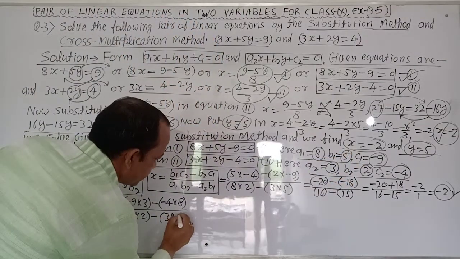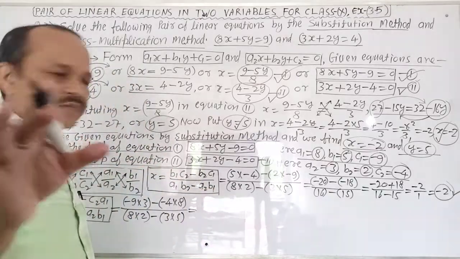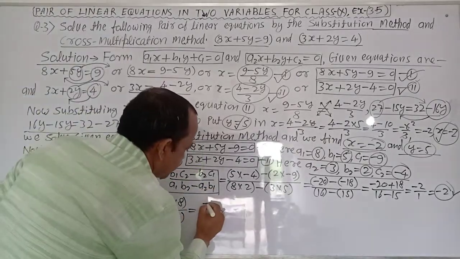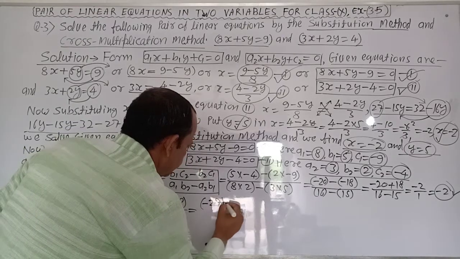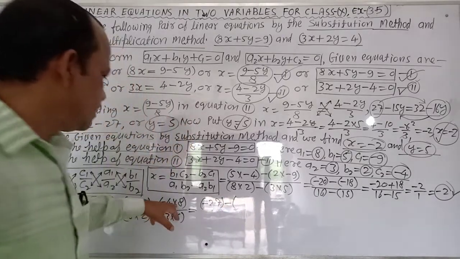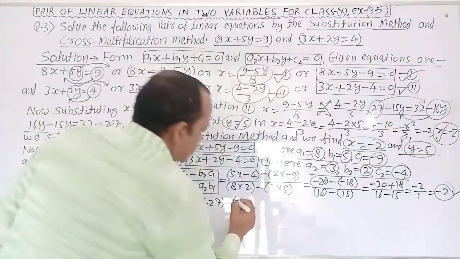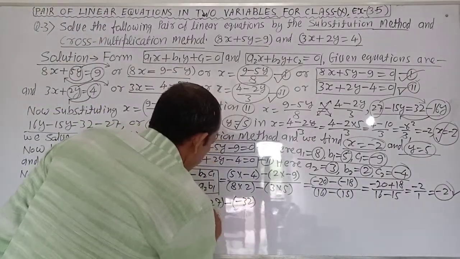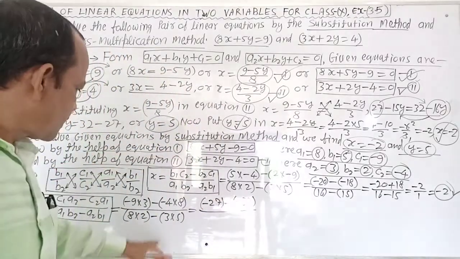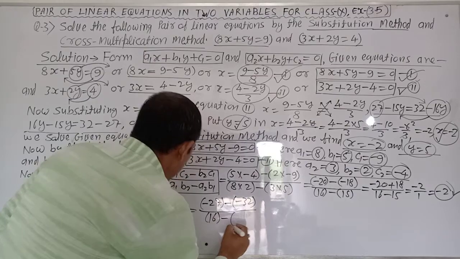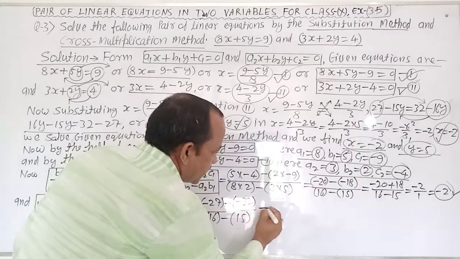3 multiply 5. Equal, multiply it: 9 threes are 27, minus 27, minus here 8 fours are 32, minus 32, upon here 8 twos are 16, 5 threes are 15.